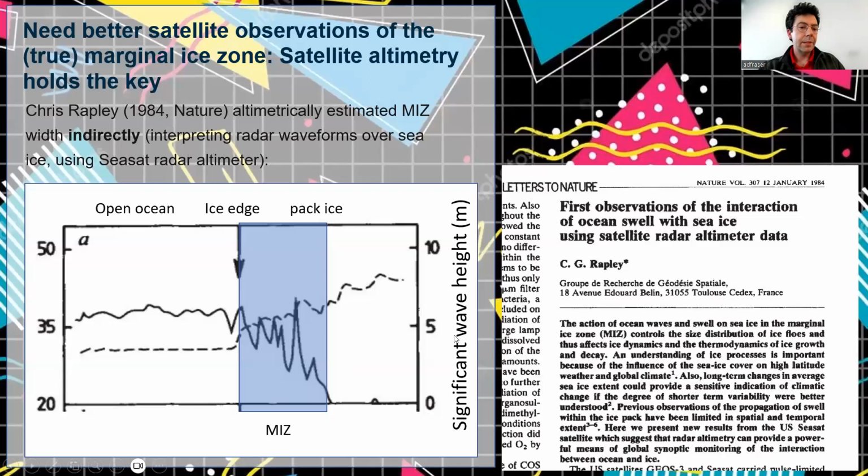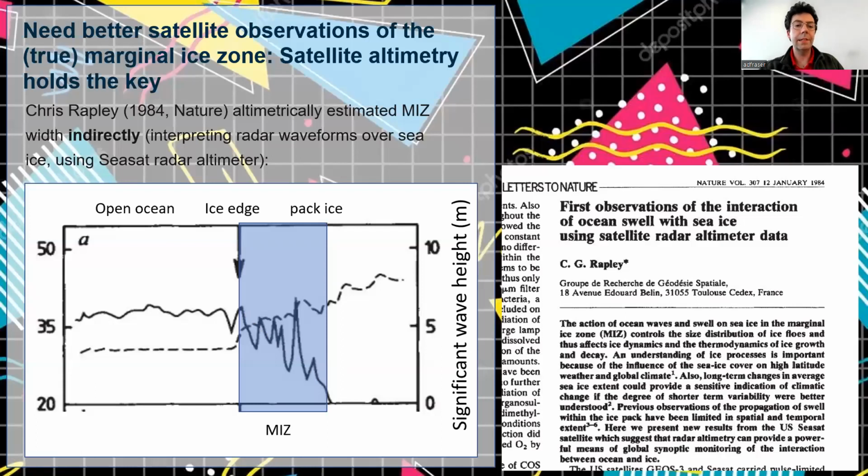So this solid line here is significant wave height in the open ocean. This satellite then encountered the ice edge, and then the wave heights steadily dropped to 0. And he called this region in between the ice edge and where significant wave height reached 0 the extent of the marginal ice zone.